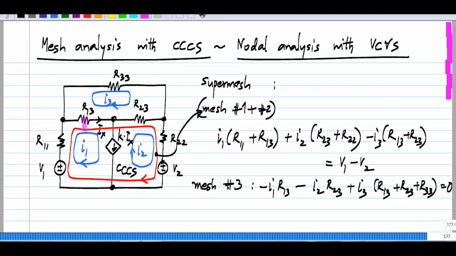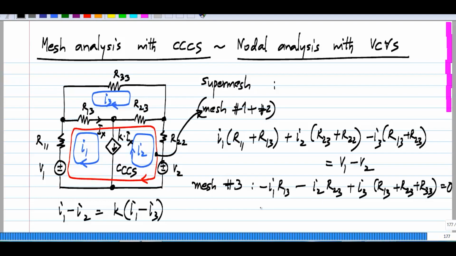We know that the current in this minus the current in that equals this current. So by combining I1 and I2 in this branch, we know that this current k times Ix is I1 minus I2. So I1 minus I2 is k times Ix, and Ix itself is the current through this branch R13. So it is k times I1 minus I3.